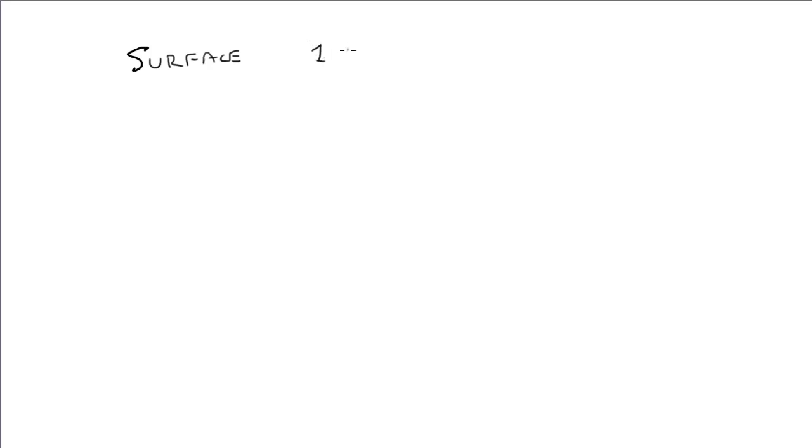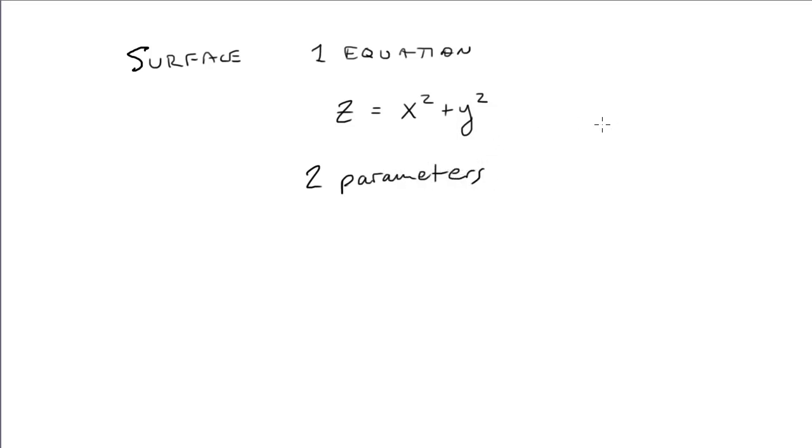Take a closer look at partial derivatives. We have a surface. That's one equation. Since I have a sum of squares, it's natural to use a triangle and think Pythagorean theorem.